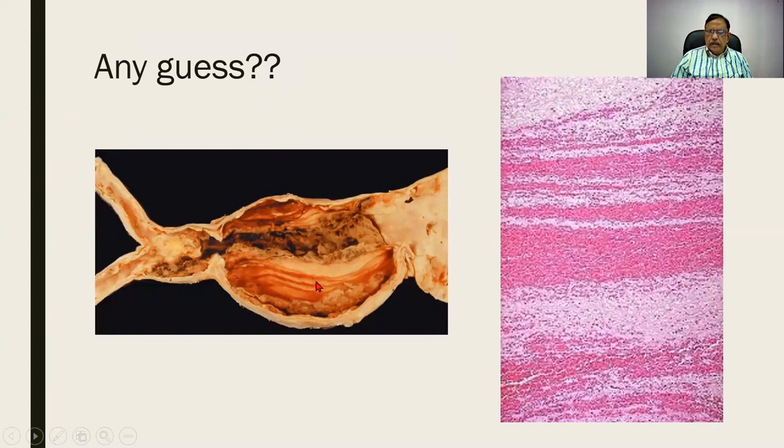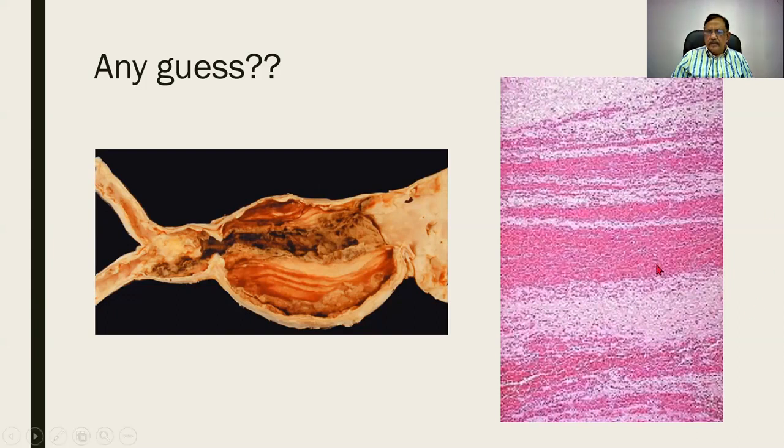You are finding some alternate dark and light lines. This is a distended portion of the aorta. There is a thrombus that has developed within it, and it has alternate dark and light lines, which has been expressed in the slide next.